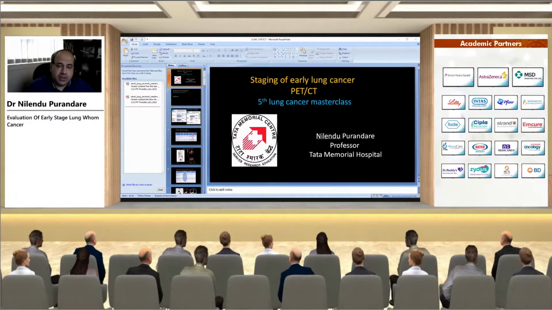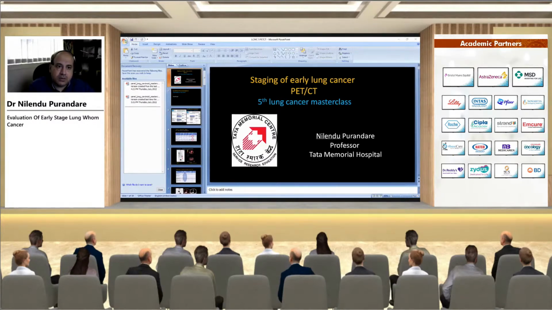Likewise, for patients who are slightly advanced, which are not directly operable, but which are suitable for chemoradiotherapy, there are several trials where PET is used in these locally advanced patients. Because of the detection of distant metastases in almost 20 to 40% of patients, there is upstaging, and the intent of management changes from CTRT to systemic chemotherapy.